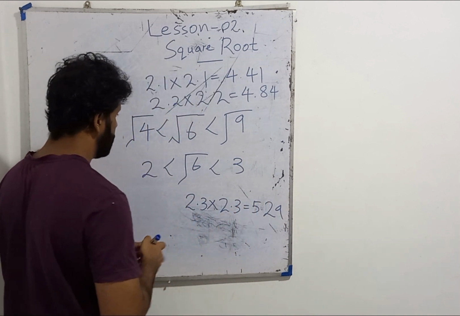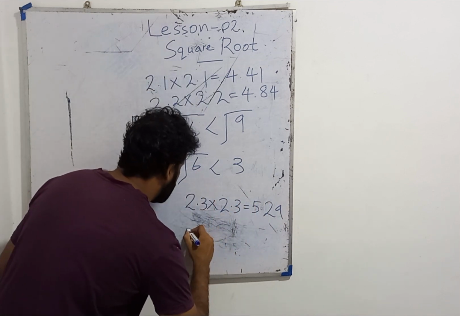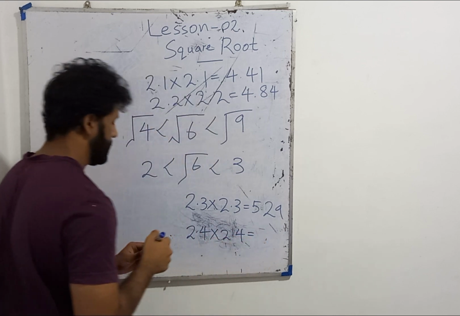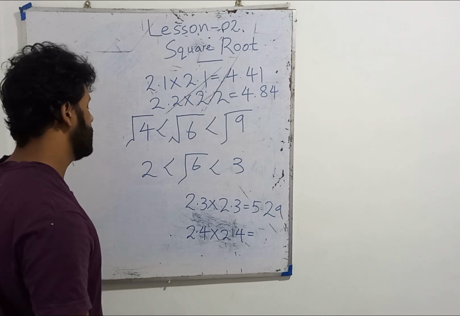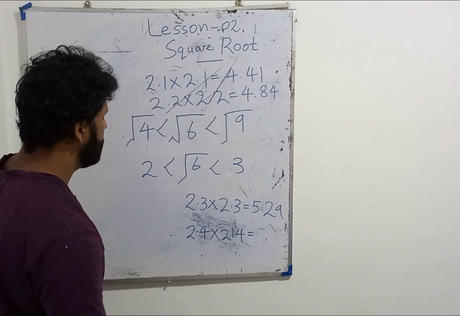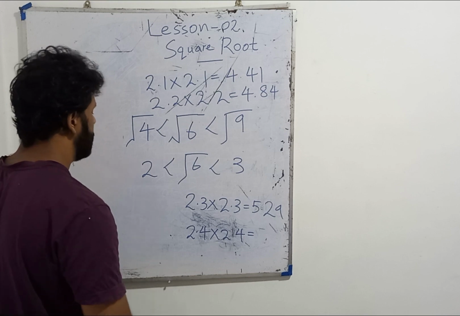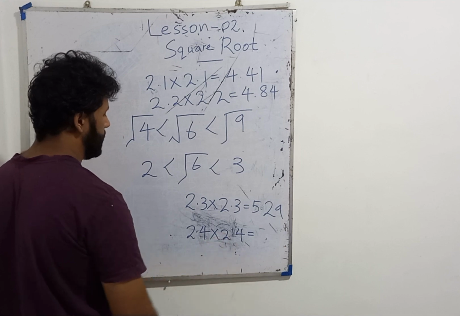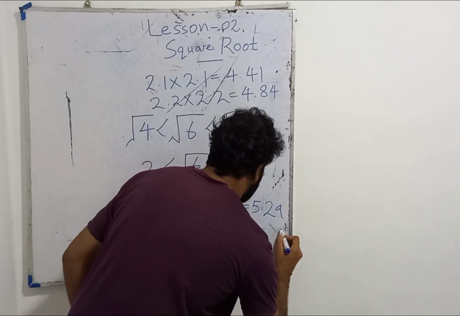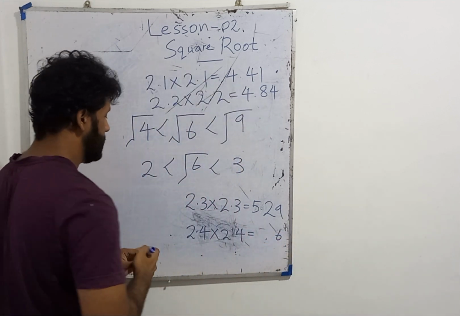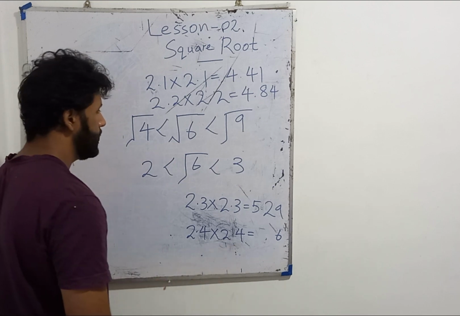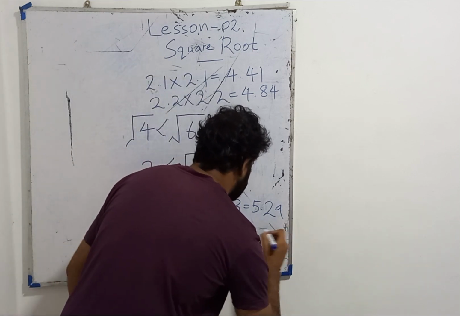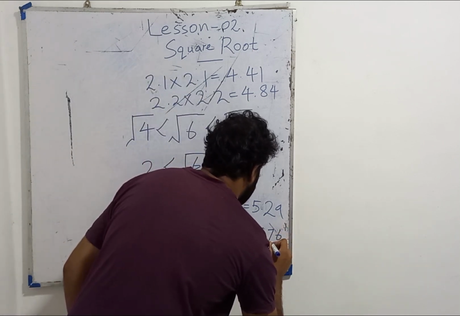Then let's take 2.4 into 2.4. Okay, if you can multiply directly, that's okay. Like 24 times 4, that's going to be 96. Then 24 times 2, 48, and 9, that's going to be 57, so 5.76, right?